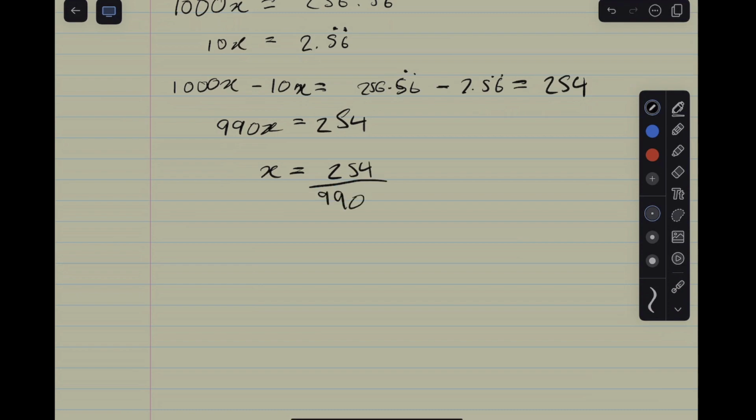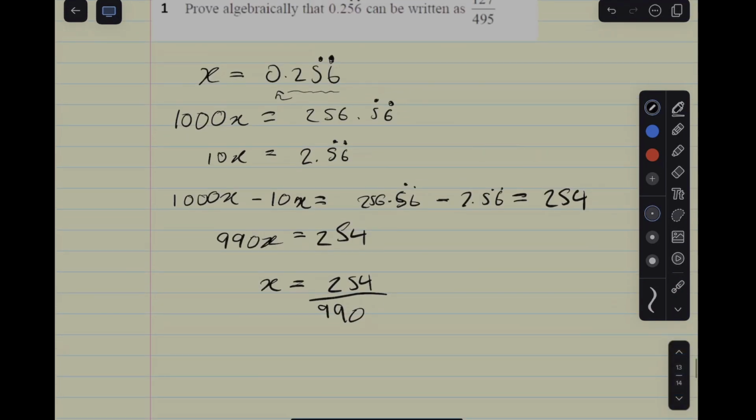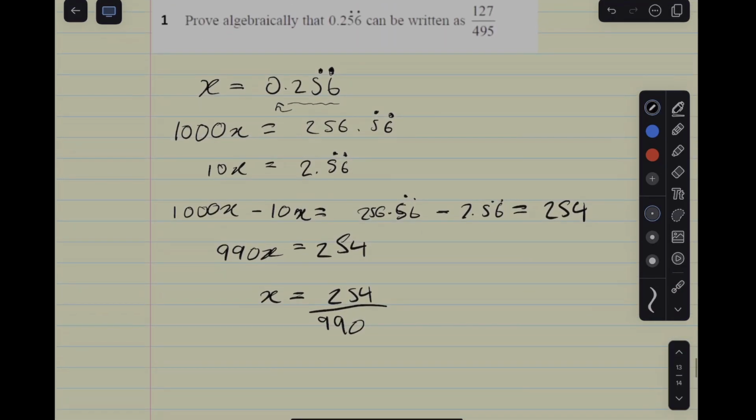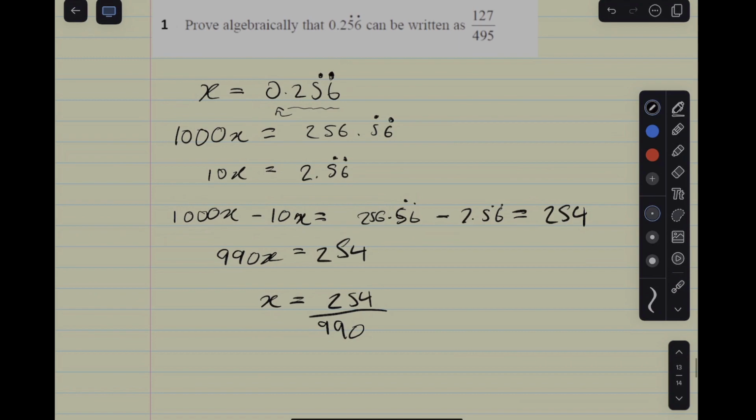So this is how you normally do it, guys. Let me just go back to it, so you can quickly understand it properly. When you have a number like this, which you have to put in terms of fractions, when there are 3 decimal places, you times it by 1,000, in which you get 256.56 recurring. But because there is a number that isn't recurring, you need to separate that number from the numbers that are recurring.